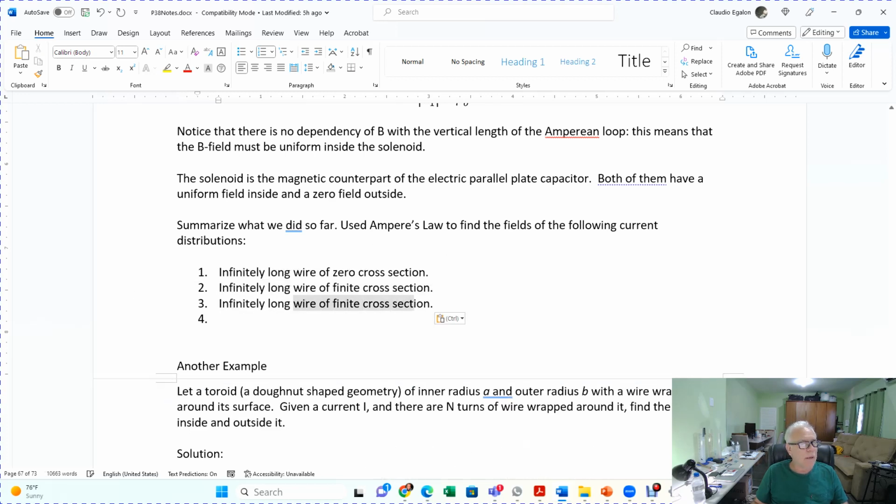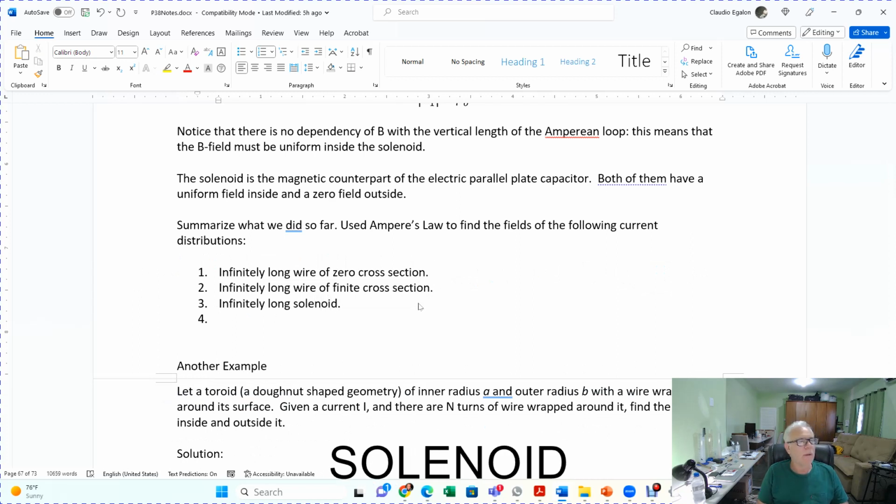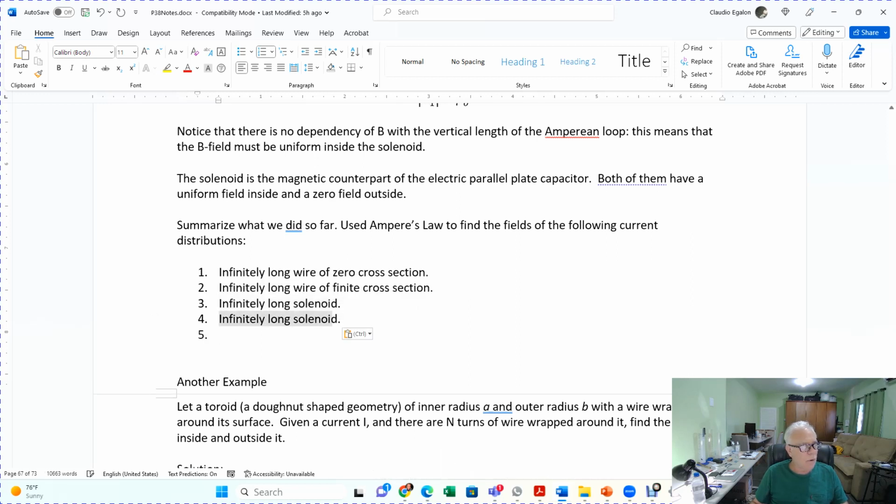Infinitely long solenoid. And then the last one is going to be the toroid. So those are the 4.